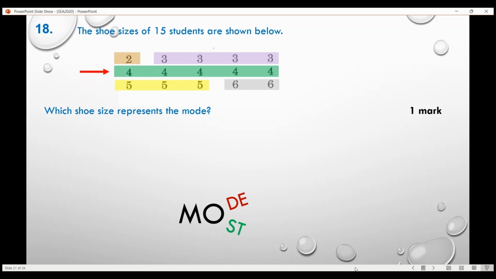Well, the answer will be 4. So the mode is 4. Some students mix this up and they're saying the answer is 5 because they're counting how many 4s. The mode means which shoe size is the most. And we can clearly see from the green rectangle that 4 appears the most.